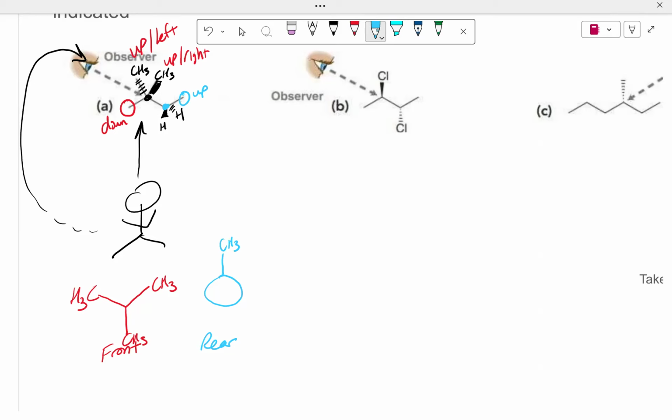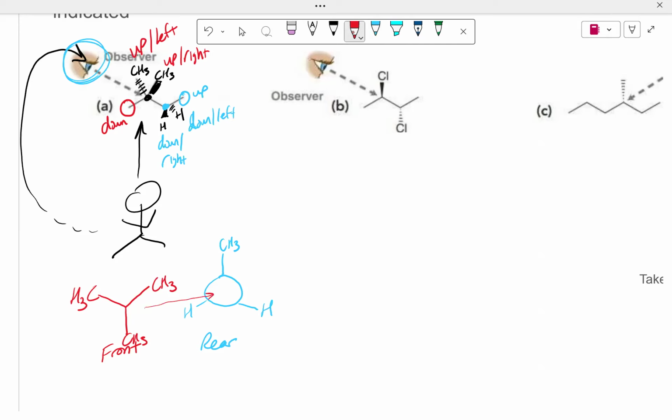This hydrogen is going to be down and to the right. That's this one here. And this hydrogen will be down and to the left. Again, assuming you're looking from this direction here. So now I'm going to put these two things together.